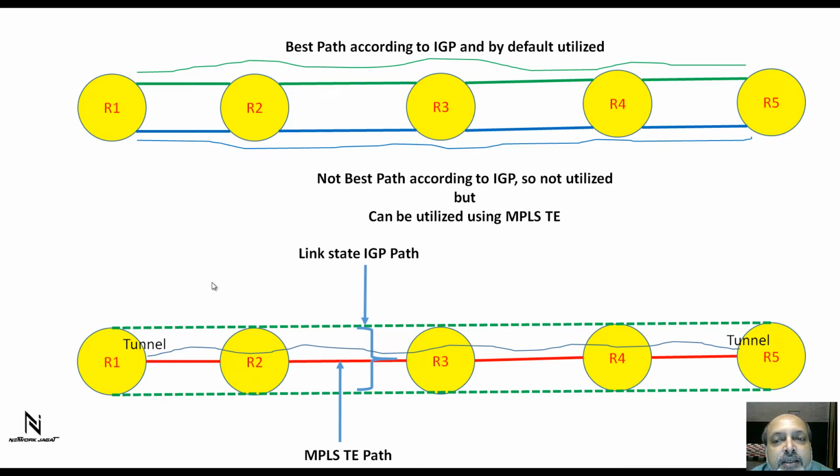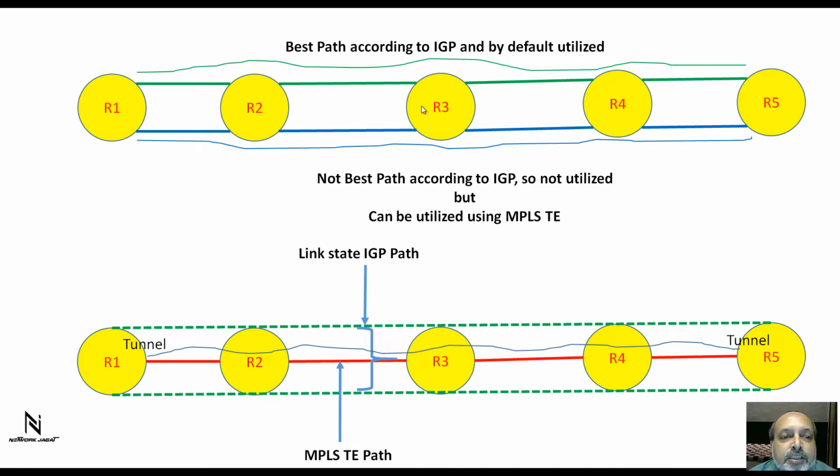The setup priority is to decide whether, if you are considering this green path, and we specify a better setup priority for the blue path than for this green path, in that case it will always preempt this.